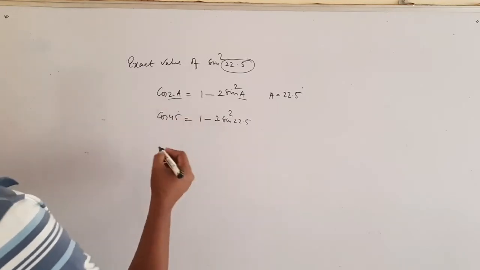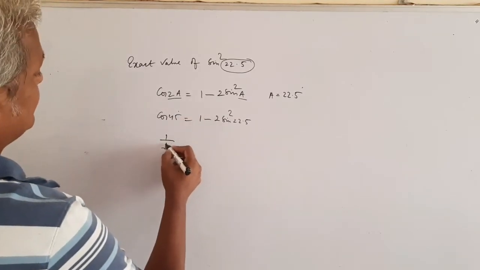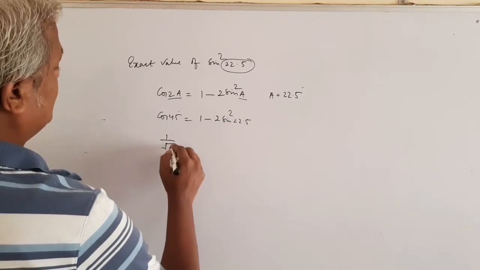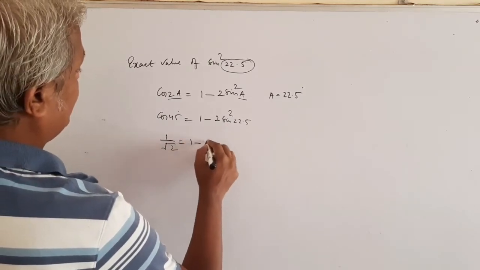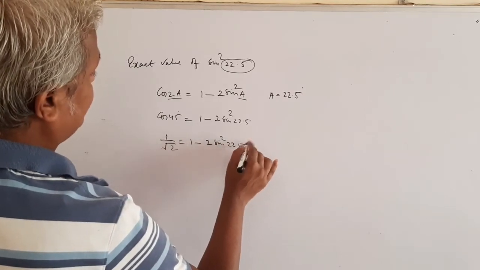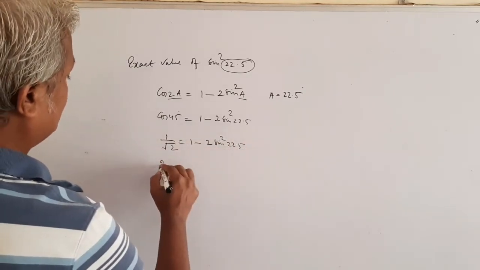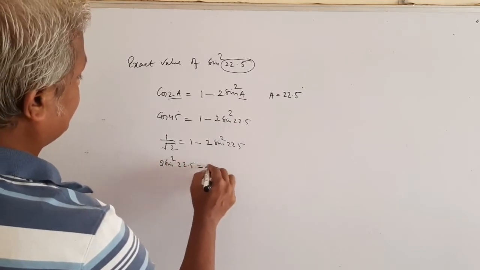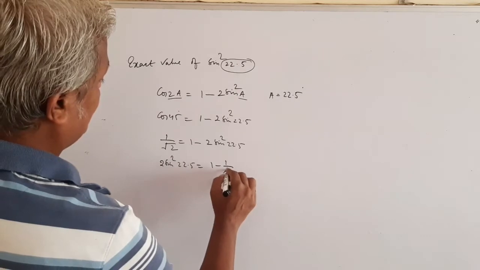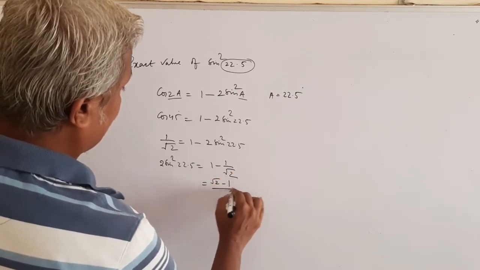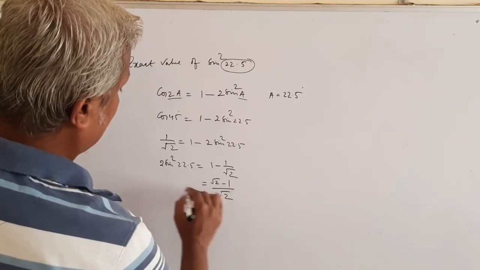Cos 45 value you can find from the table, that is 1 over root 2, and 1 over root 2 is 1 minus 2 sine square 22.5. This comes on this side, so 2 sine square 22.5 is 1 minus 1 over root 2, that is root 2 minus 1 over root 2.